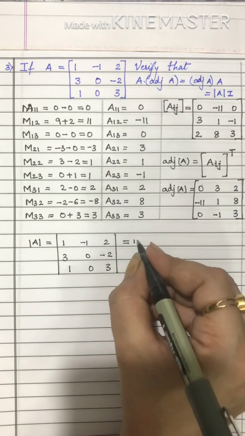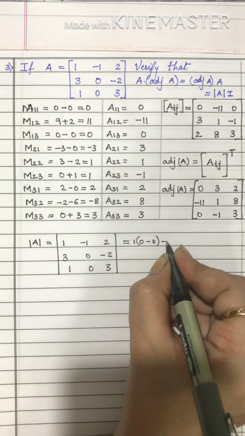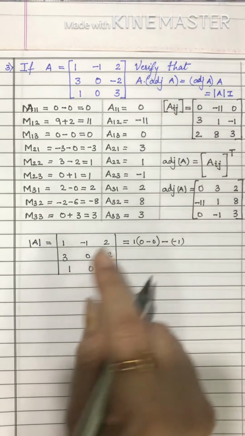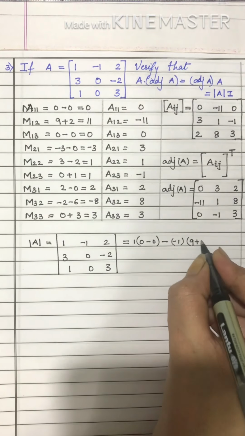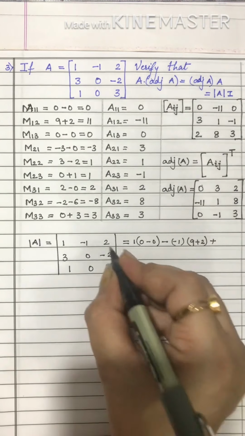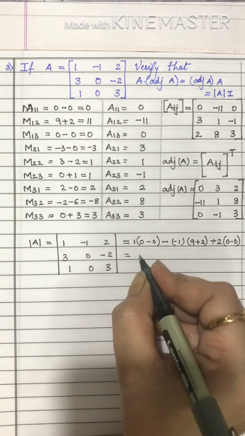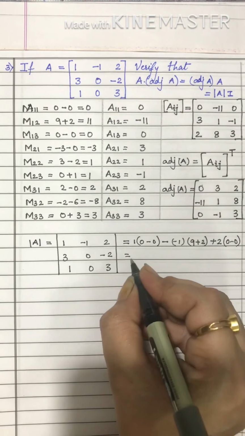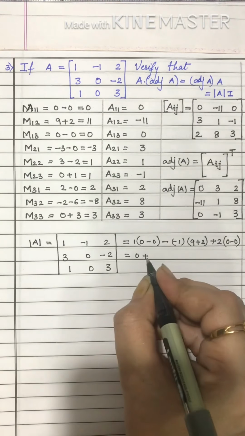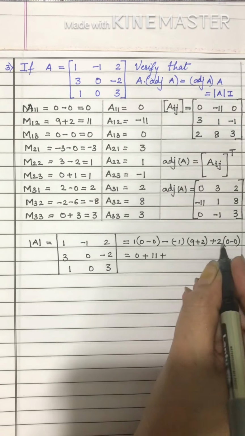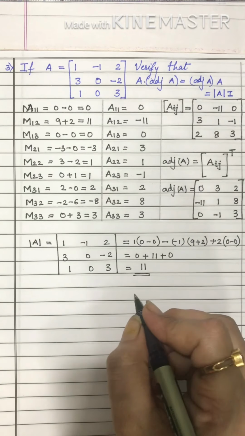It's 1 into 0 minus 0, minus, then minus 1 into 3 3s are 9 minus 2, that will give you plus 2, plus 2 into 0 minus 0, this one was easy. So here we are getting 0 minus minus 1 into 9 plus 2, 11, plus, and here becomes 0. So the answer is 11. Fine. Determinant of A we got here is 11.